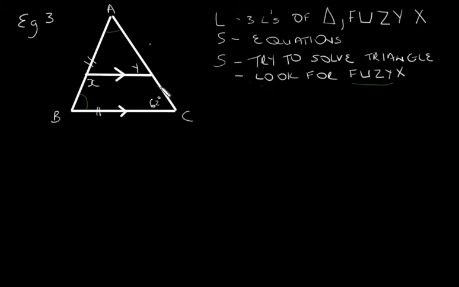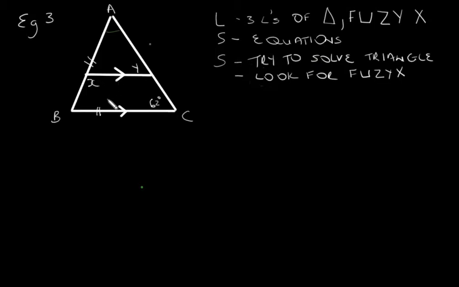Now, if we look at this, we've got an isosceles triangle. And what can you tell me about an isosceles triangle? You know that the base angles of an isosceles triangle are equal. Where are the base angles? Let's first look at what's equal. That side, AB, is equal to BC.